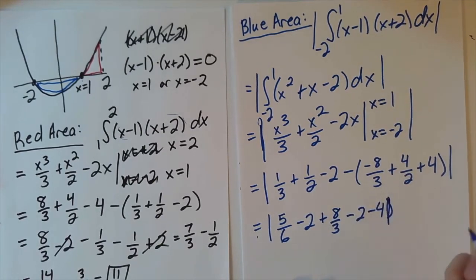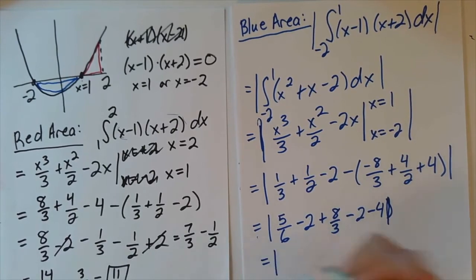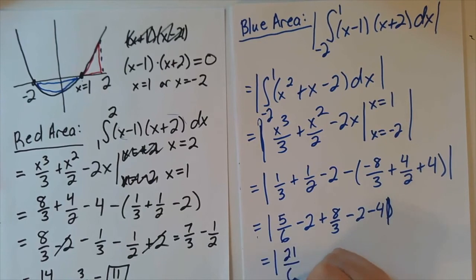Sorry, it should be an absolute value bar. Okay, so here's a 5/6 plus an 8/3. 8/3 would be 16/6, so 5 plus 16 will be 21. And so this will be 21 over 6 minus 8.